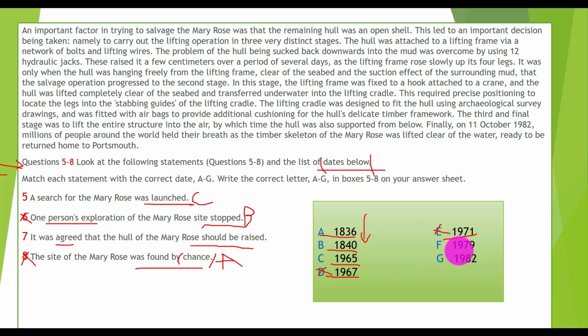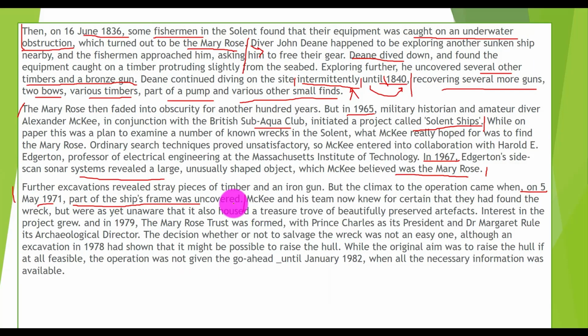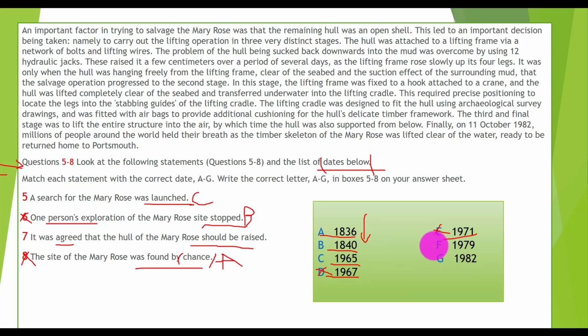Now let's go for 1979. McKee and his team now knew for certain that they had found the wreck, but were as yet unaware that it also housed a treasure trove of beautifully preserved artifacts. Okay, interest in the project grew, and in 1979 the Mary Rose Trust was formed. Okay, in 1979 the Mary Rose Trust was formed, and we eliminate this option as well.